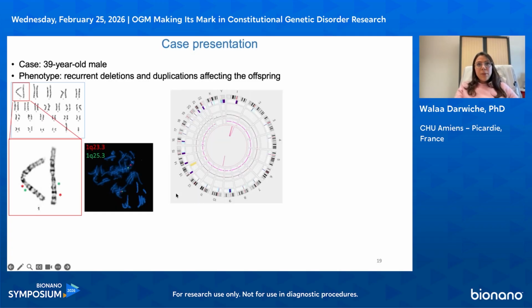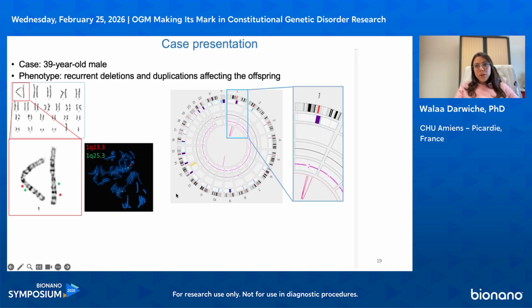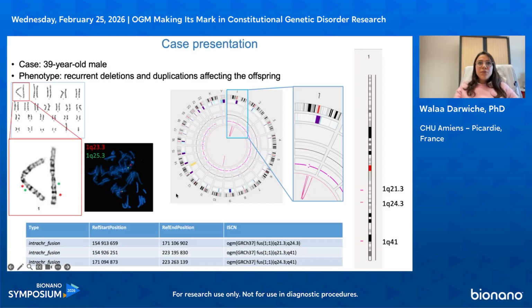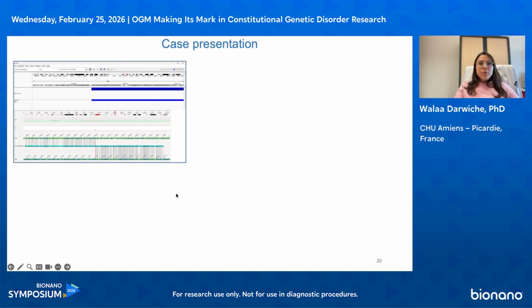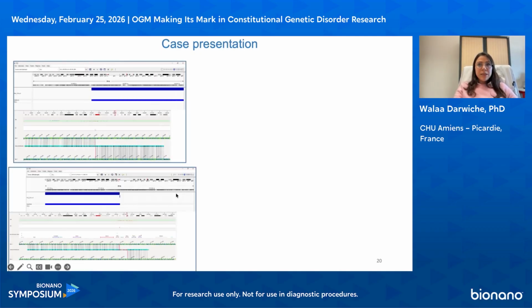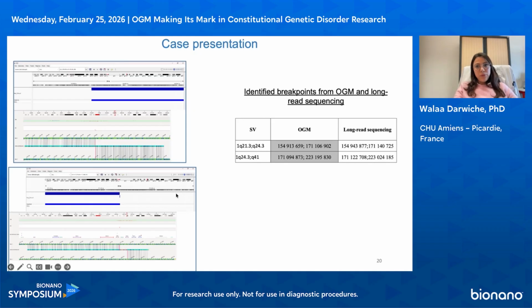With optical genome mapping, we identified 3 breakpoints on chromosome 1 located in 1Q21.3, 1Q24.3, and 1Q41. These findings demonstrated that this rearrangement was in fact an insertion of the Q21.3, Q24.3 segment into the 1Q41 region. These findings were also confirmed by long-read sequencing, which identified nearly identical breakpoints.